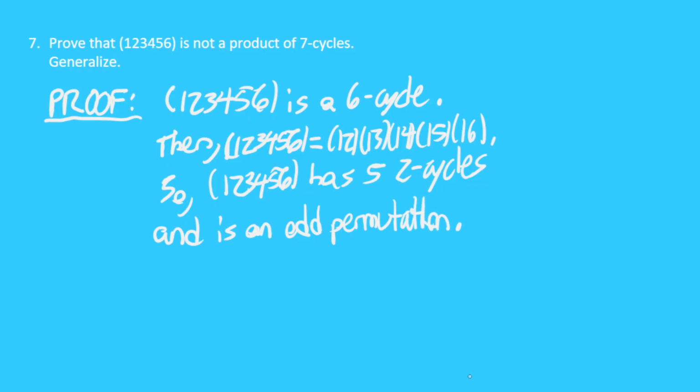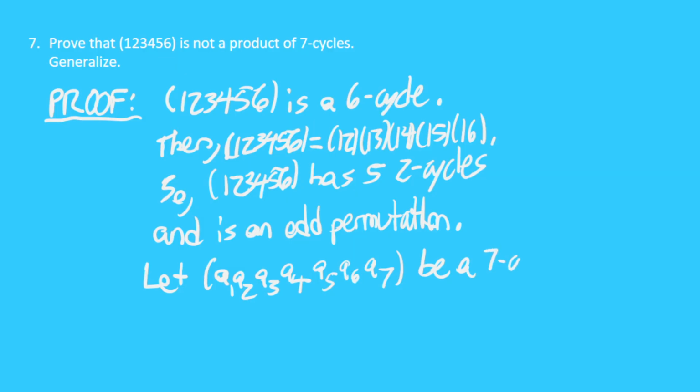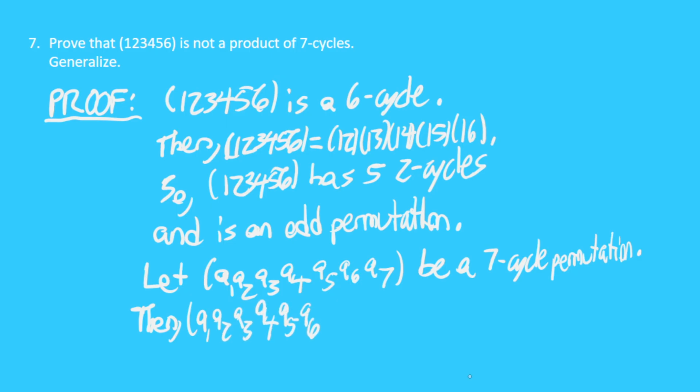So now let's define a general element, a general 7 cycle. Let's define it as (A1 A2 A3 A4 A5 A6 A7) be a 7 cycle permutation. So then we have (A1 A2 A3 A4 A5 A6 A7).